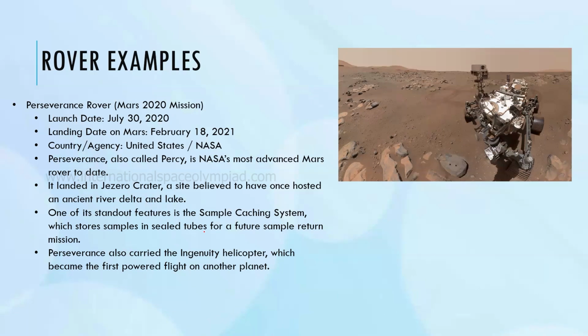It also carried the Ingenuity helicopter, the one and only rotorcraft or helicopter to fly on a celestial object. It could not happen on the Moon, because a helicopter cannot fly there because of the thin atmosphere, but it happened on Mars. The photo that you are seeing is a selfie taken by the rover.